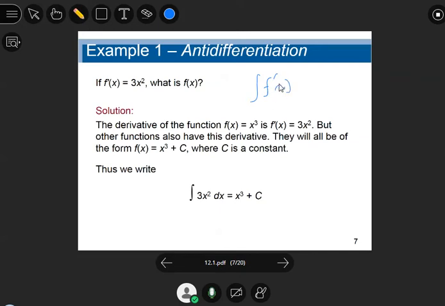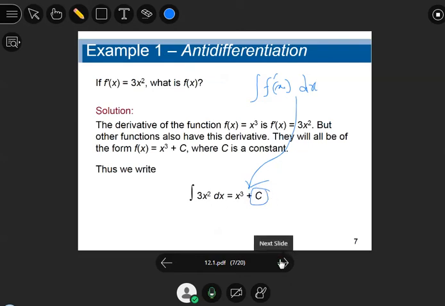After integrating this f prime of x with respect to x, we obtain our original function. It is x to the power 3 plus c. Always when we are writing our answer, we need to add a constant. In this indefinite integral section, you always need to write a constant for your final answer.